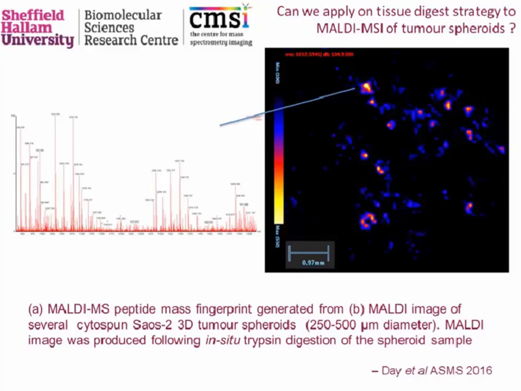But this was the approach that we were going to use then, was to do an on-tissue digest, look at the distribution of the specific peptides in the tumour spheroids or the aggregoids, and use a combination of accurate mass and their ion mobility drift time to focus in on that particular peptide for quantification.